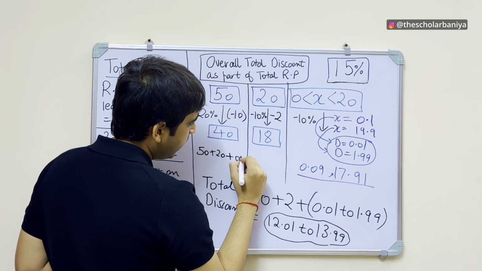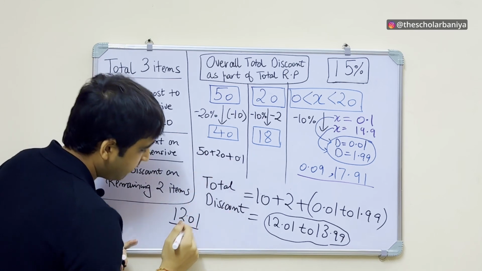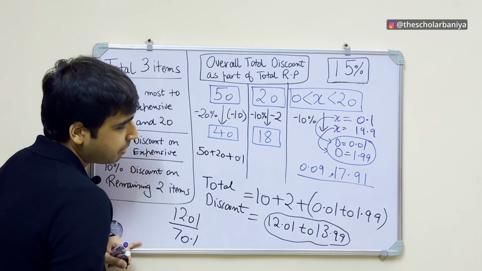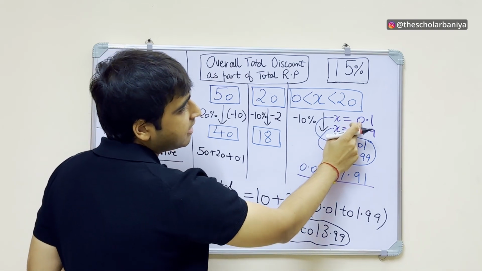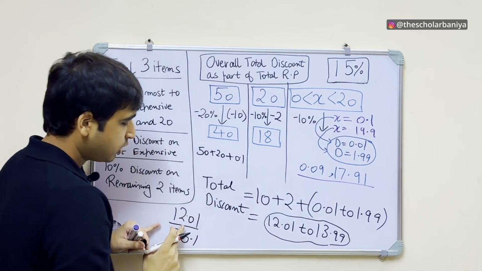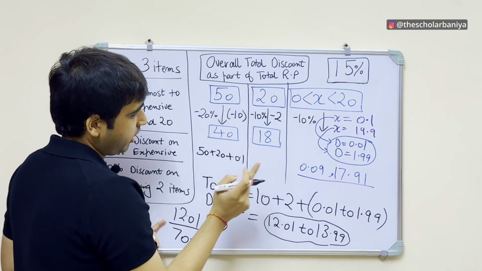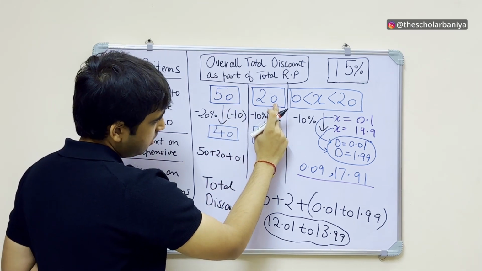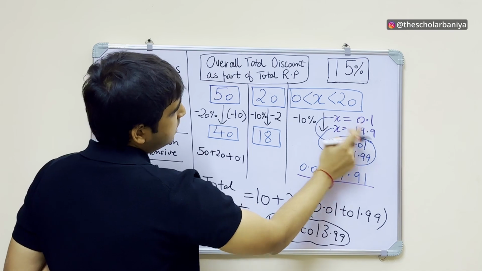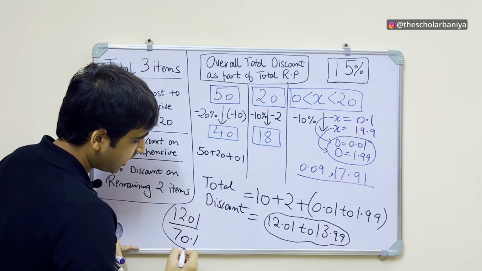So plus 0.1. So 70.1. Because when we are taking 12.01, in that case, the regular price is 0.1. So the total will become what? 50 plus 20 plus 0.1, right? So 70.1. So this is one answer.